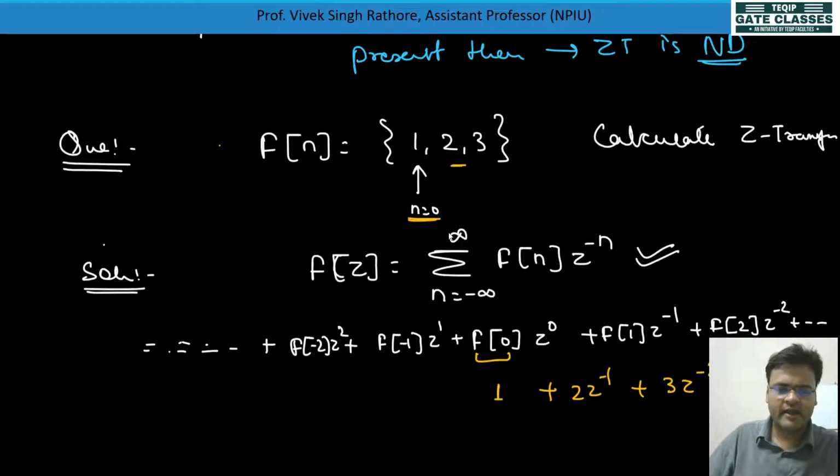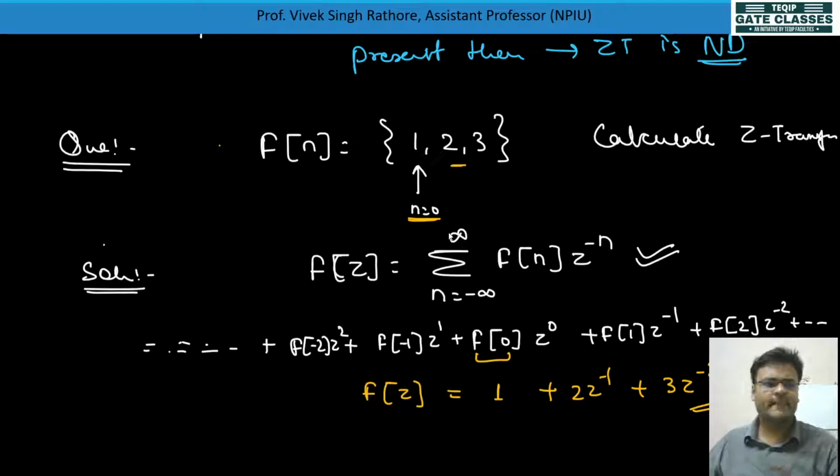Will any other term come? No, because all other values are 0, and anything multiplied by 0 is 0. So ultimately your F of z will be like this. This is the Z transform for this type of signal.